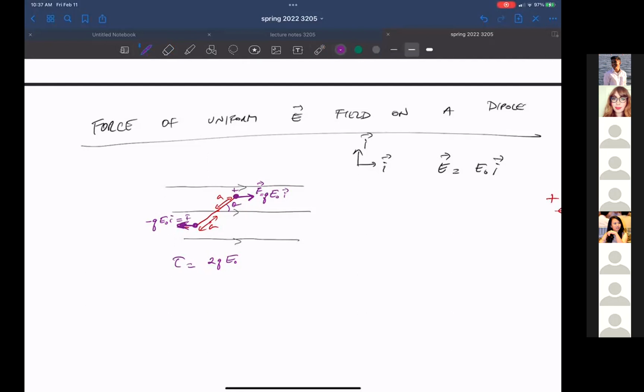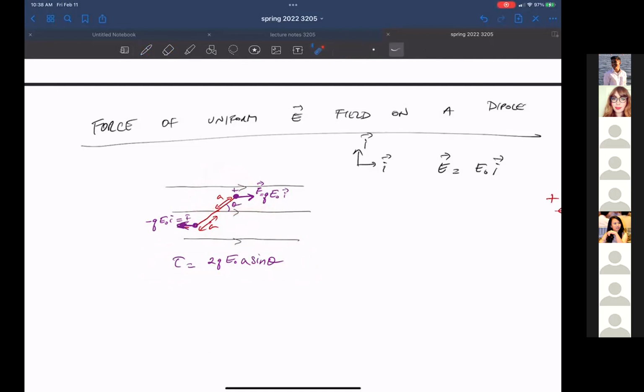So 2Q epsilon naught sine of theta times A. That's the torque on this dipole, which means that is the force pushing this guy rotationally down here and pushing it this way. It's going to take this dipole, force it down here, force it up there, and straighten it out. That's what this torque is doing.